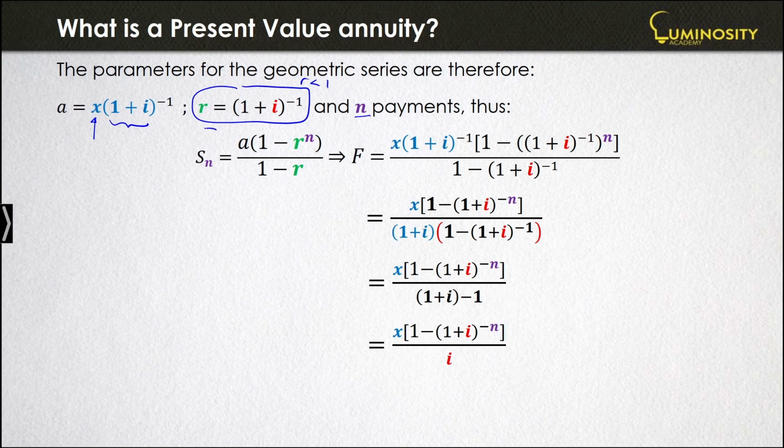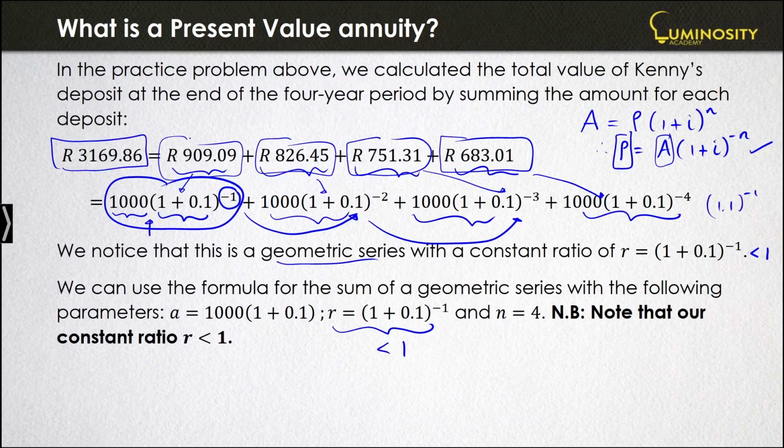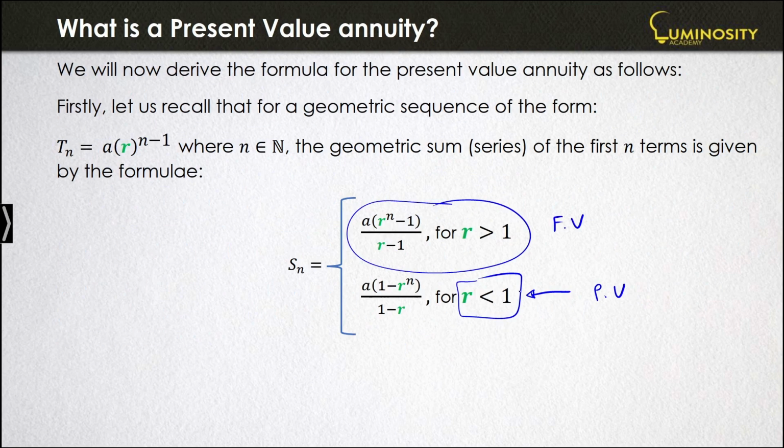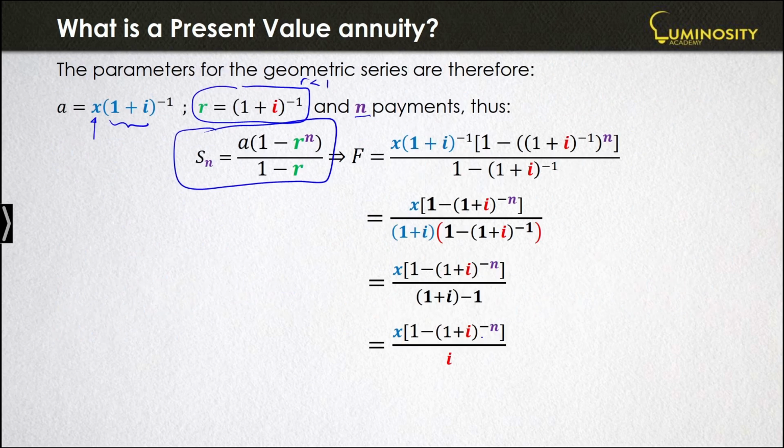So if I substitute it into that formula, it was the second one here, when r is less than 1, then if I simplify all the terms algebraically, you're going to have your a term over there, you're going to have 1 minus your r term over here, and then 1 minus r over here. Essentially, you can bring this (1 plus i) to the negative 1 down into the denominator, and then that can be distributed into each term here.